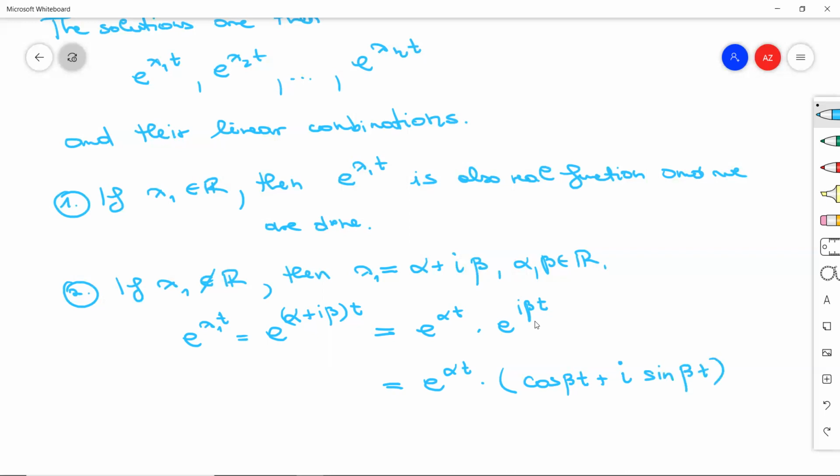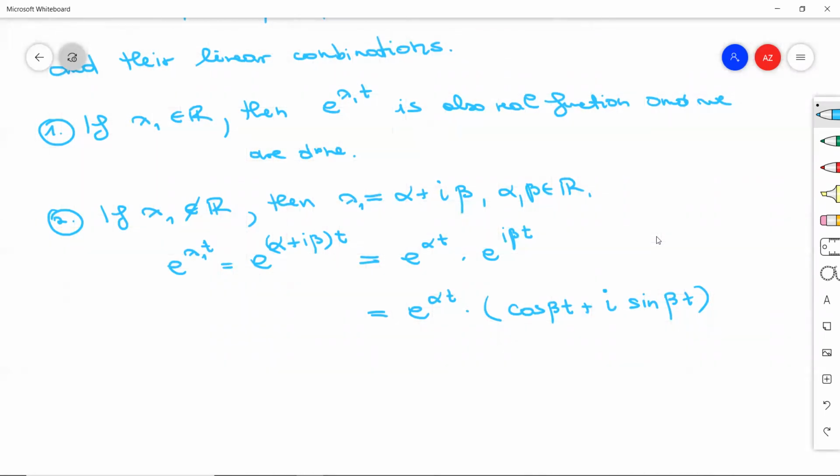This is Euler's formula. So we have here e to lambda 1 t, and now we wrote it as e to alpha t times cosine beta t plus I times e to alpha t times sine beta t.